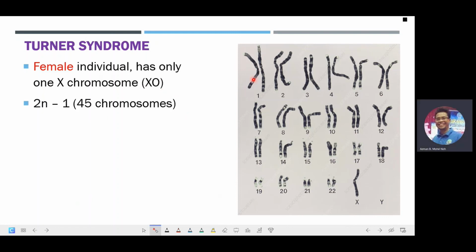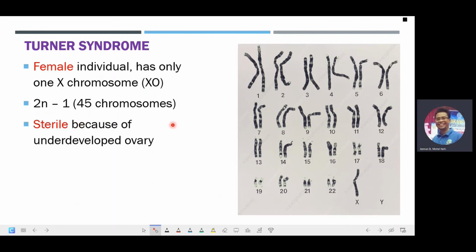If we look at the karyotype for this individual, we will be able to see that all the types of chromosome have 2 copies, except for the sex chromosome, of which there is only one, the chromosome X. And the total number of chromosomes for this individual will be only 45. And so this is the case of 2n-1, or monosomy.